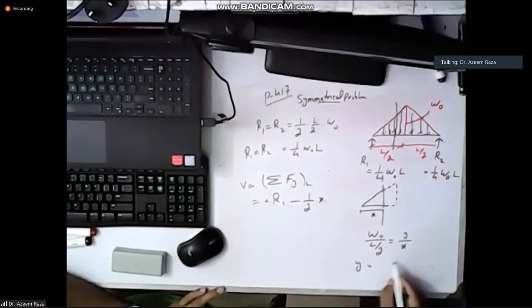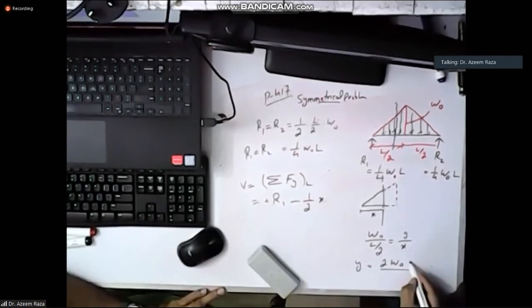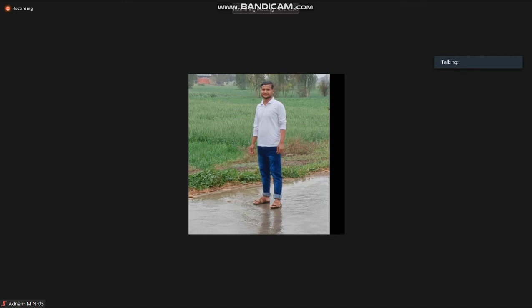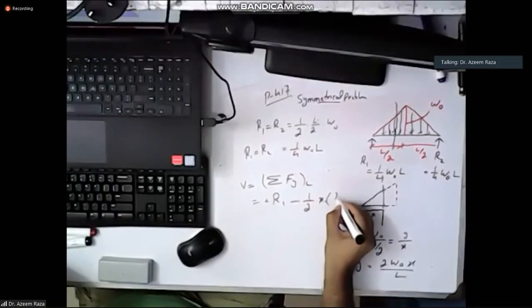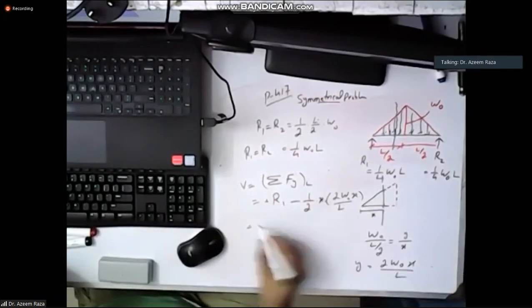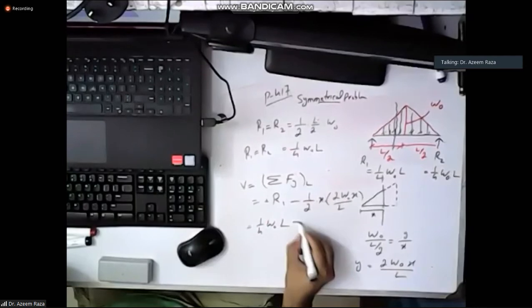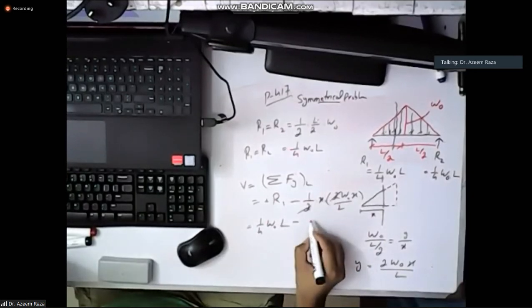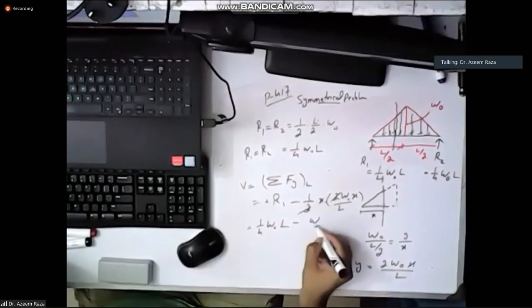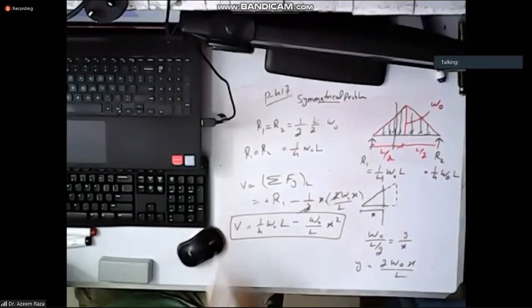So y will be equal to 2 W naught x over L. So V is equal to R1, 1 by 4 W naught L, minus W naught over L x squared, with the 2 cancelled out. That is our relationship for V.